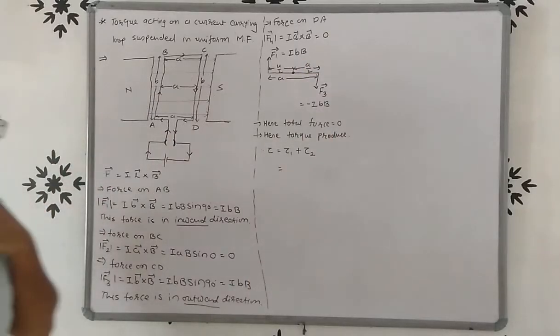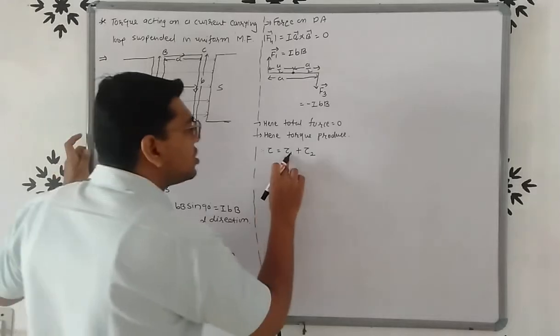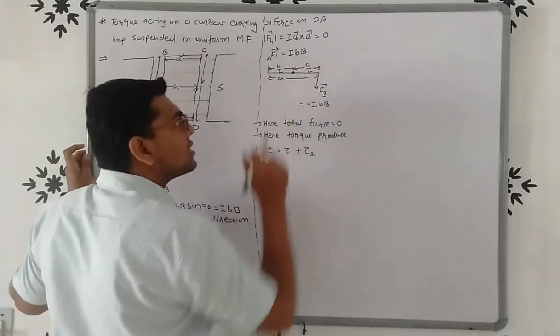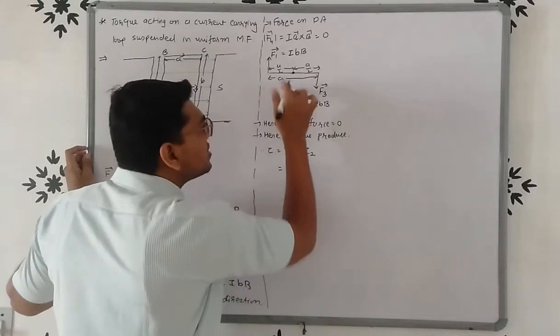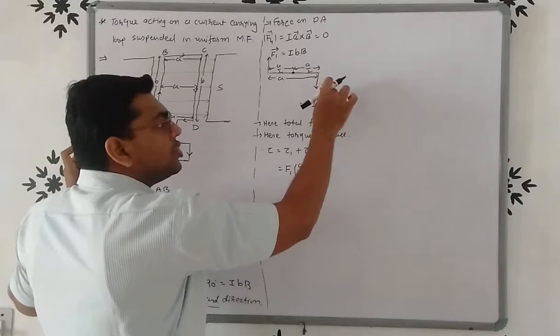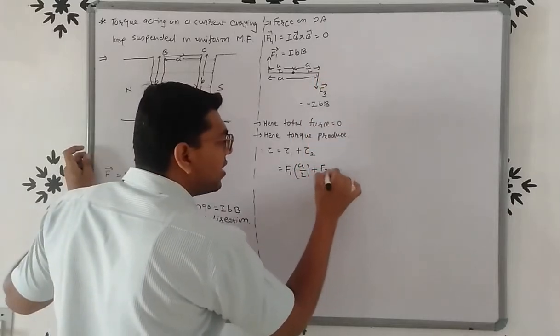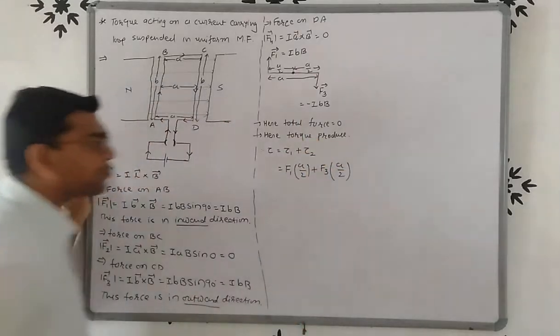We know that torque is equal to force into distance. So tau 1 is due to force F1, so tau 1 is equal to F1 into distance a by 2, plus tau 2 is due to force F3 into distance, once again from the midpoint, a by 2.